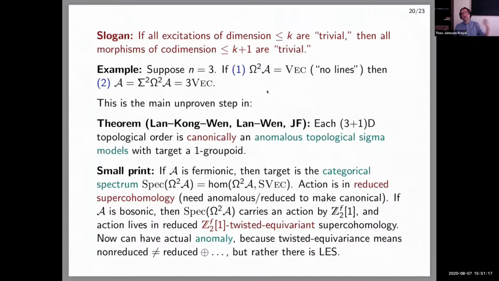At the end of the day, that packages the classification from these papers by Lan, Kong and Wen about whether or not there are emergent fermions. They had a complicated classification: you do this if there are no emergent fermions, this if there are emergent fermions, and this if something else. This is a way of packaging it in categorical mumbo jumbo.